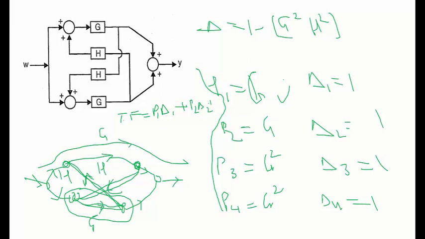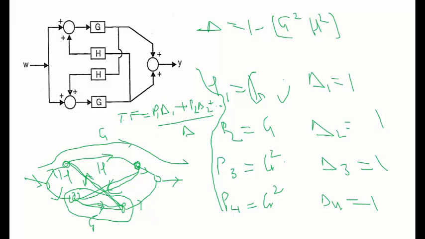I'm out of space, so I'm not going to write P3 delta 3 and so on, divided by delta. So if you substitute the values, P1 is G, delta 1 is 1, so you get G. Then P2 delta 2 is G, so G plus G, then you have G square.